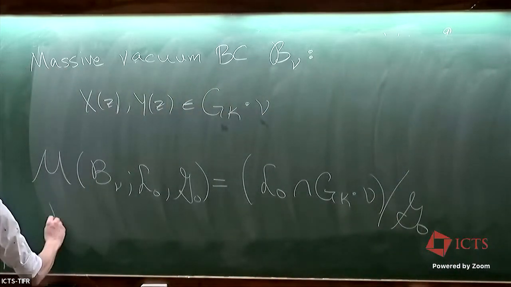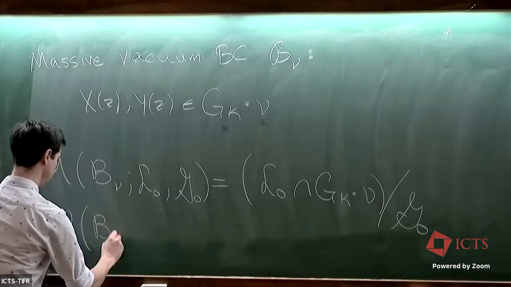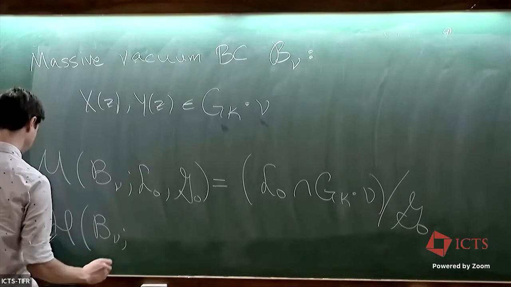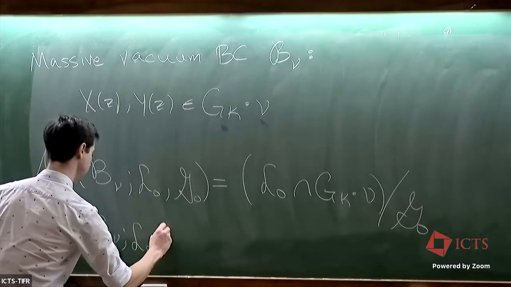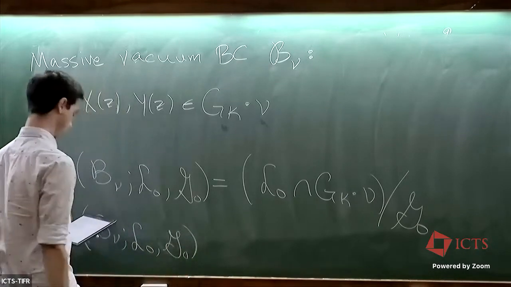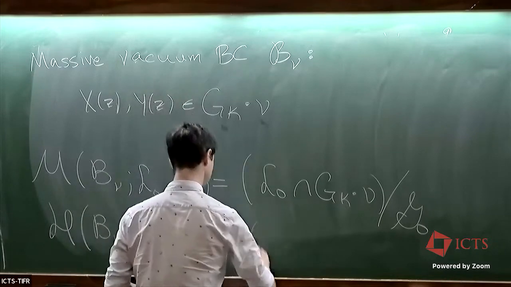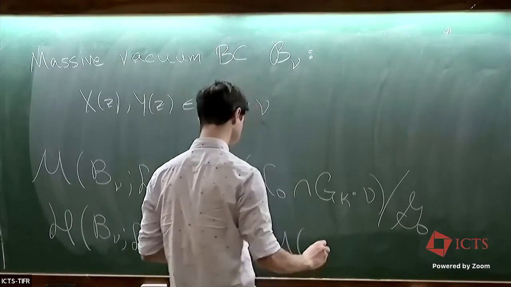Correspondingly, based on the general nonsense we talked about in the first 2 lectures, I expect to have a Hilbert space of my 3-dimensional theory in the presence of this line operator piercing through the origin and massive vacuum boundary condition at infinity, to be some suitably defined homology of this moduli space.